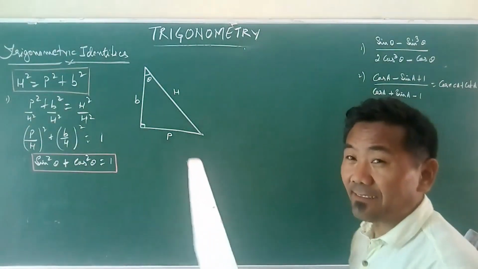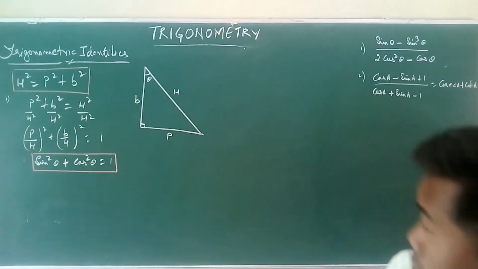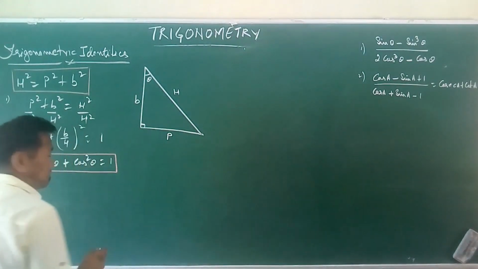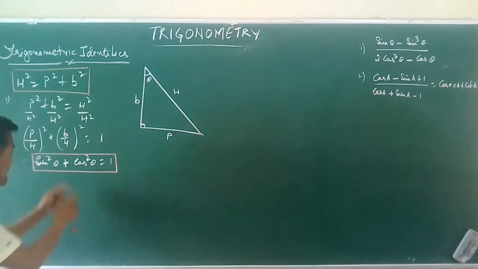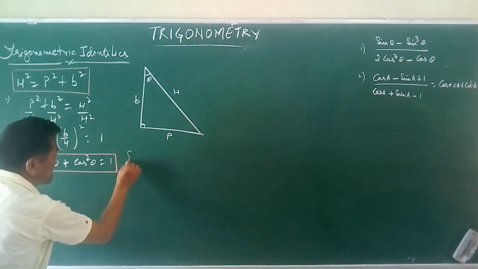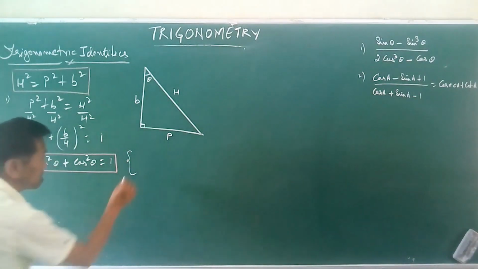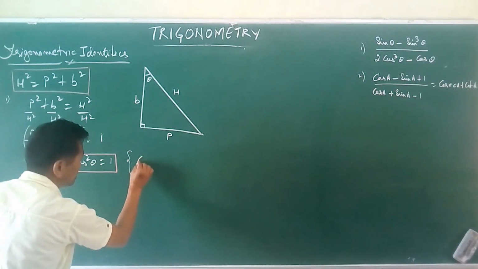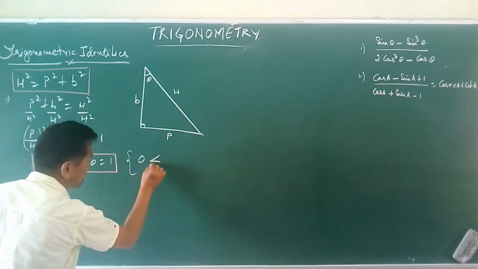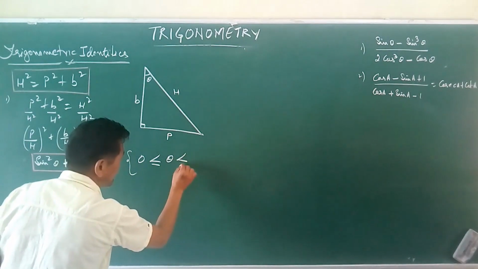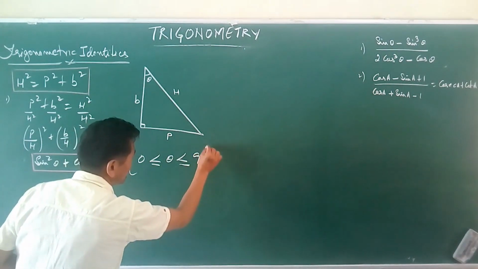So which means that to satisfy this equation, there is one condition. What kind of angle the theta should be. The condition is that the angle theta should be either 0 or greater than 0, but equal to or less than 90.